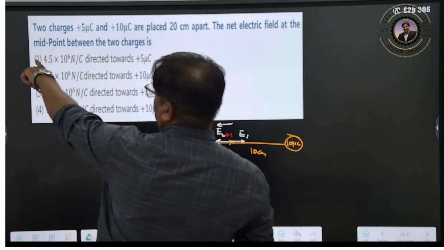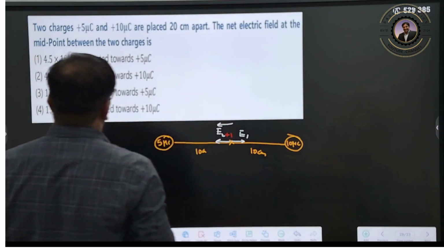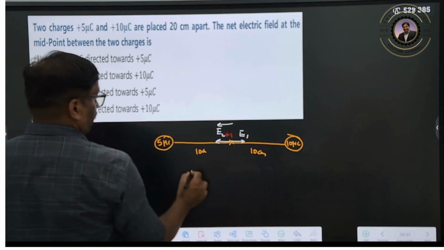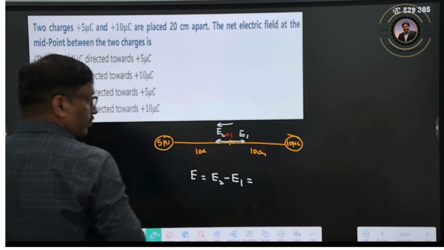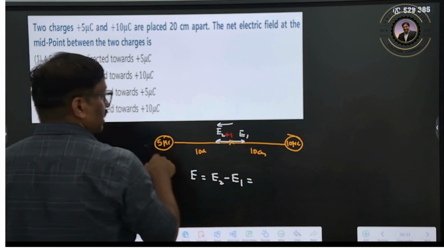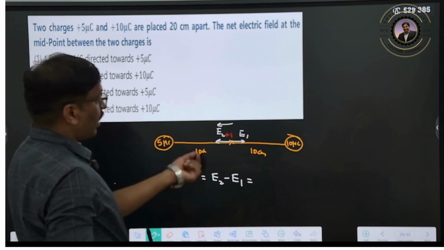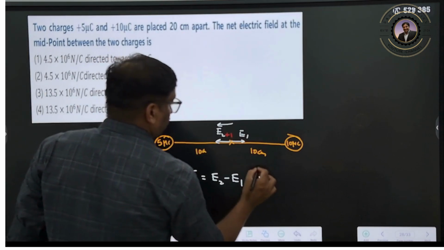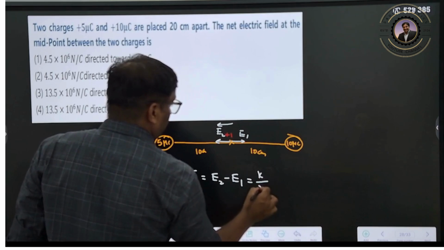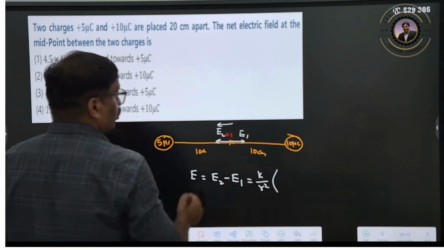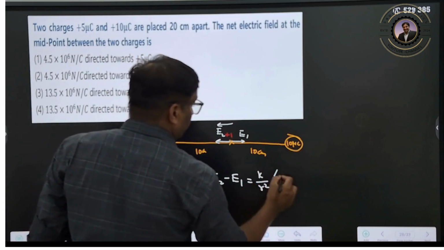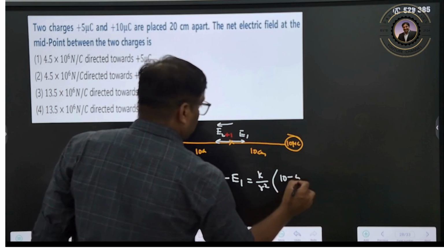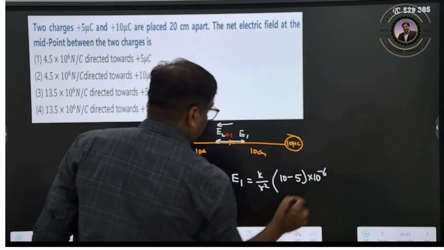So either the first option or the third option should be your answer, directed towards. You can write E is equal to E2 minus E1. How much will it be? Only the charges are different. The medium is the same and the distance is the same, no? Therefore K by R square into the charge. The charge of this, how much? E2 is due to 10 minus 5 into 10 to the power of minus 6.